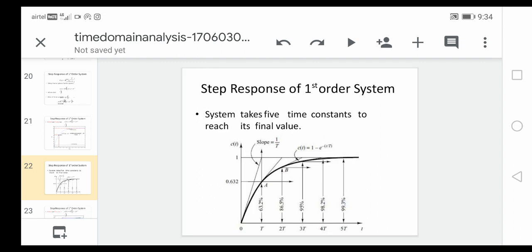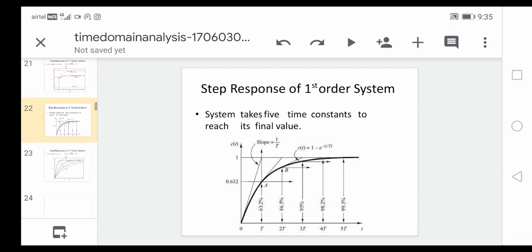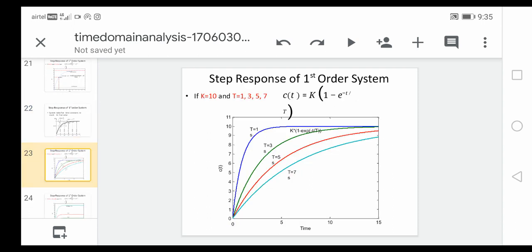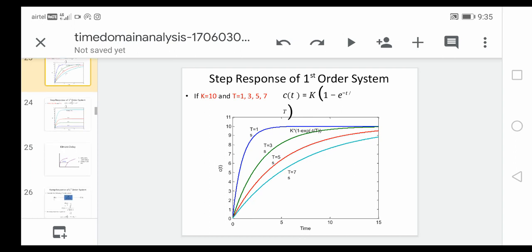In the next case, 1 minus e power minus 2, 1 minus e power minus 3. Like that you take small t equal to T, small t equal to 2T, small t equal to 3T. Then if you draw the graph, it will be like this for different values.